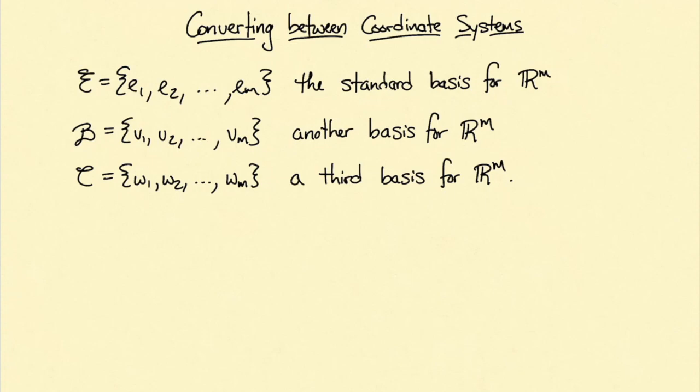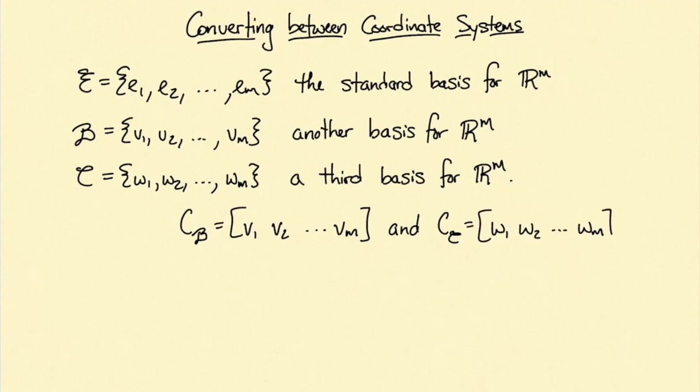So first of all, we're going to define two matrices. C sub B will be the matrix with V1 through Vm as its columns, and the matrix C sub C will be the matrix with W1 through Wm as its columns.